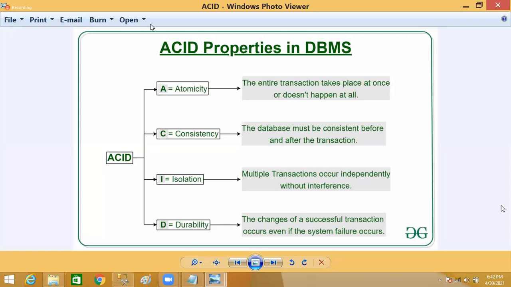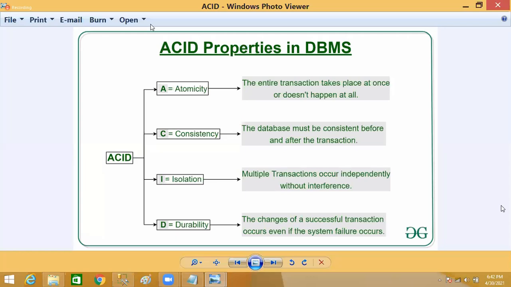Suppose ACID properties were not there in a database management system. Then your transactions may not be maintained in a proper systematic order or way, and many complicated problems would be created. Many problems would be faced by industry people and by users when there are no ACID properties.